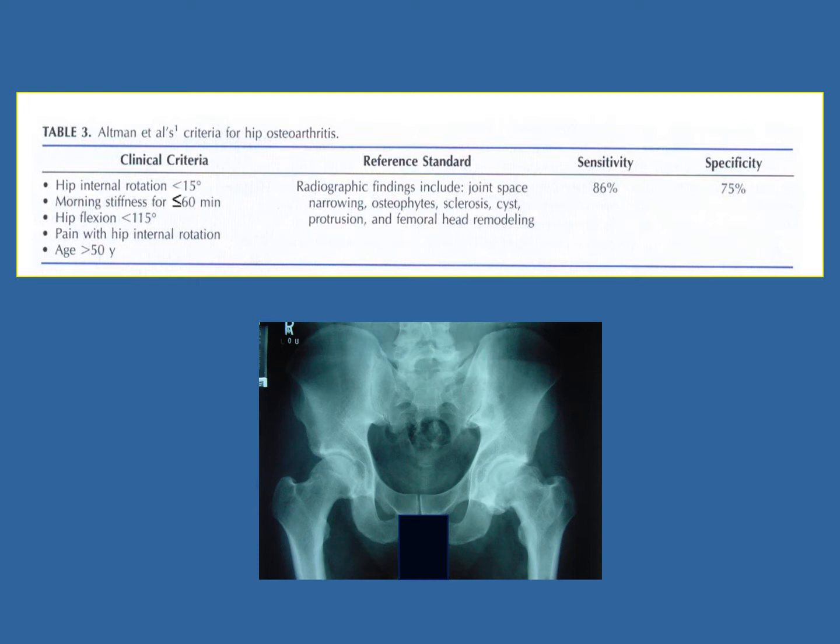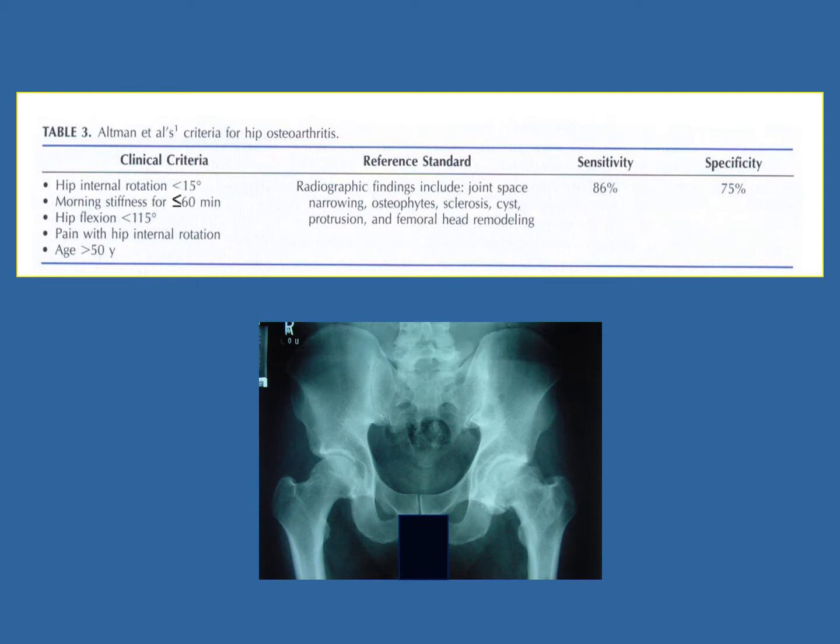It's really from the same group that had come up with the ACR criteria, and as you see on the left there, the clinical criteria are very similar to what we've described previously in terms of loss of range of motion, specifically hip internal rotation being less than 15 degrees and hip flexion being less than 115 degrees. Morning stiffness, if it's present, shouldn't really last for longer than an hour. Pain with hip internal rotation, range of motion, and then of course an age component as well. And we've talked a bit about that already.